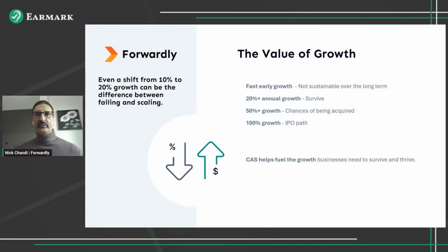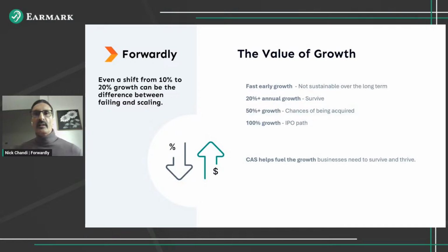And we have seen the growth slows down over time. There's a big difference between businesses growing 10% or 20%. The businesses growing at 20% are more likely to survive and thrive than the businesses growing just 10%. So look at those clients who are growing less than 10%. They are at risk.